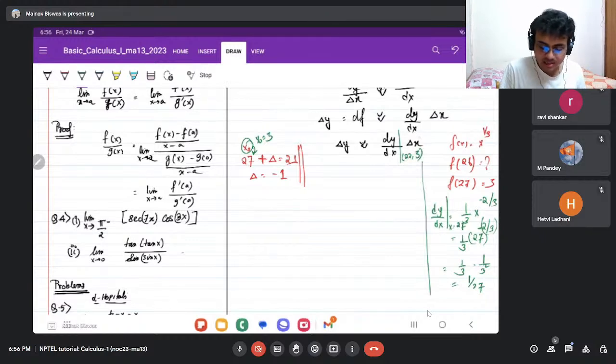What is your delta x? Minus 1. And delta y you can approximate as, what is delta y? It is f(27 plus delta) minus f(27), right? This is your delta y.